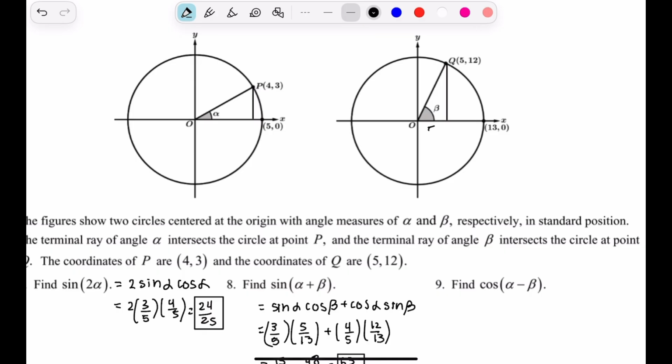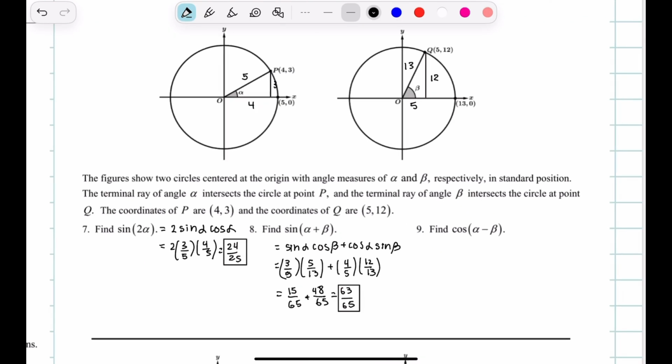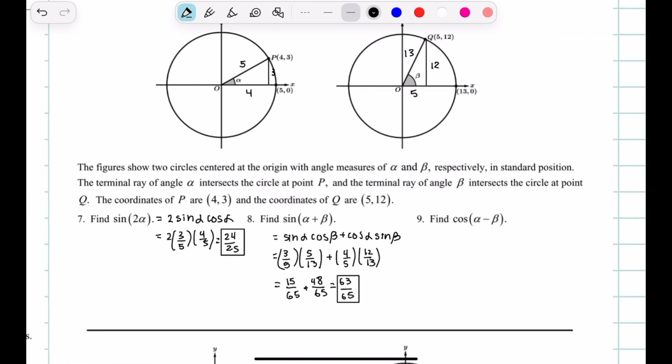So that's 5. Yeah, that's 12. And then this is at 4. And then this is at height 3, I believe. Sorry, this is going to be 13. This is going to be 12. That's essentially how we're finding the ratios.